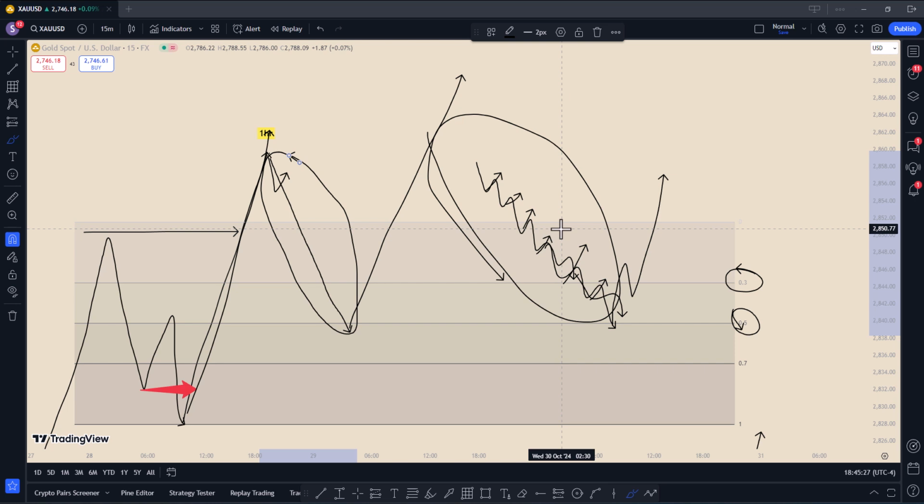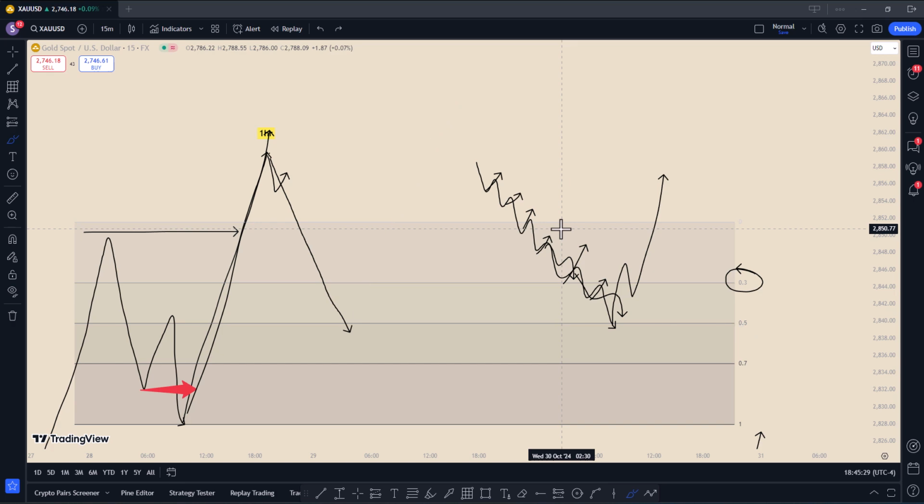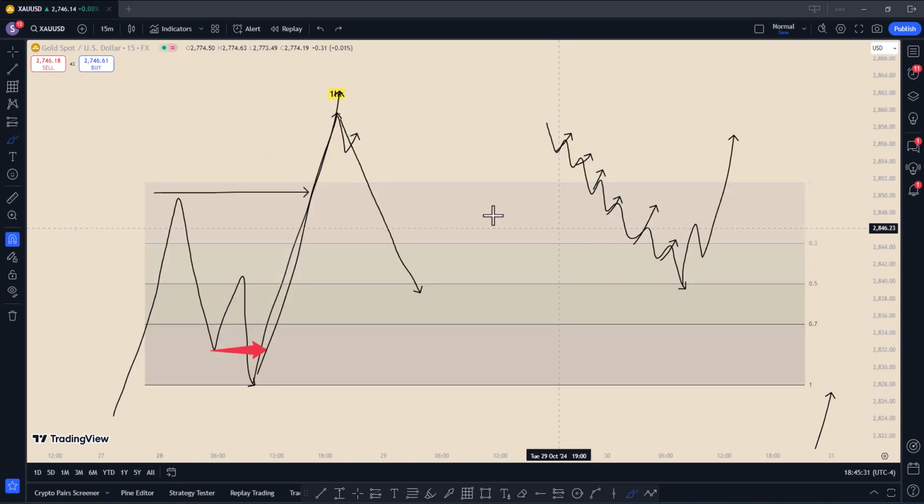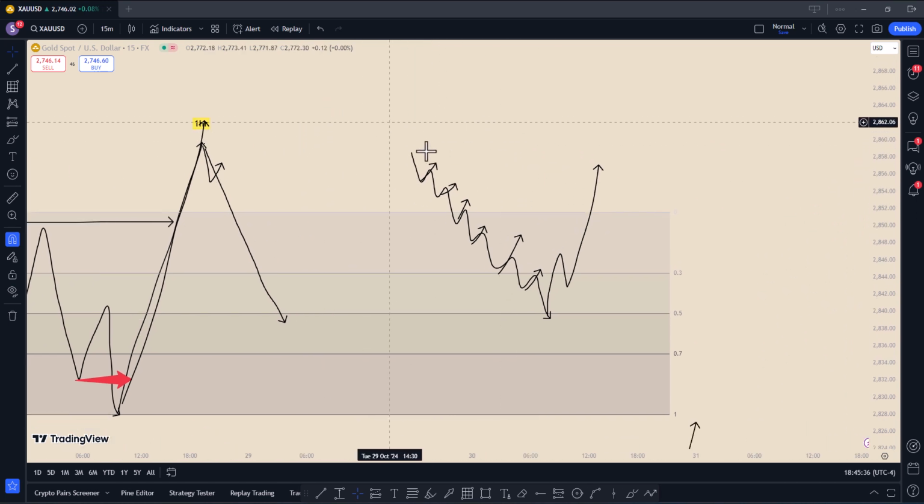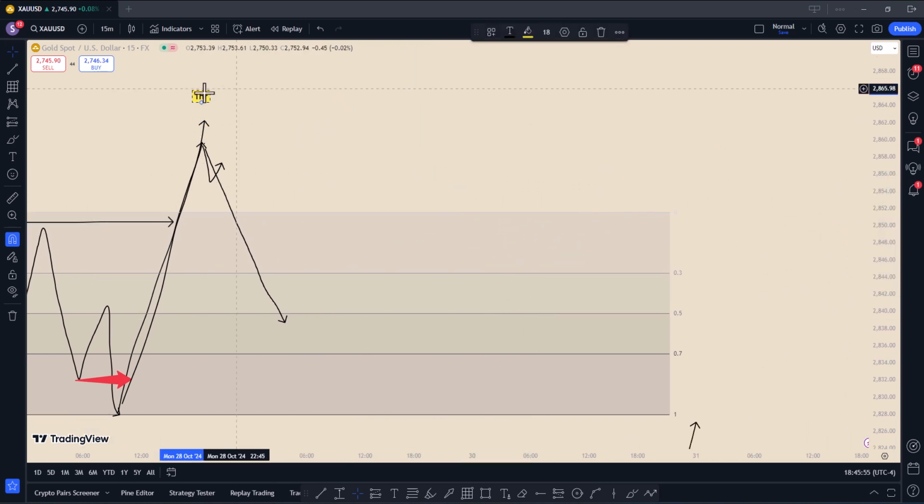That's one way to use it. Now this doesn't mean that price, let's remove this. Remember that this is the 1 hour.